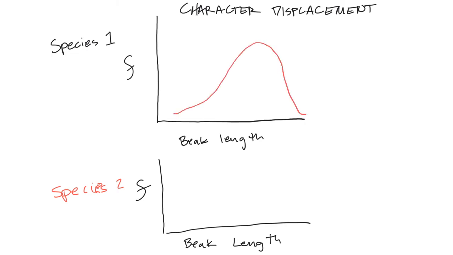Species 1 has this range of beak lengths, and it's found on island 1. This second species has this range of beak lengths, and it's found on island 2.